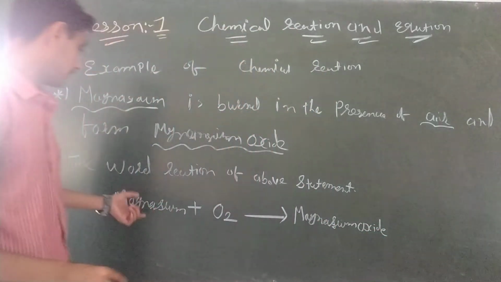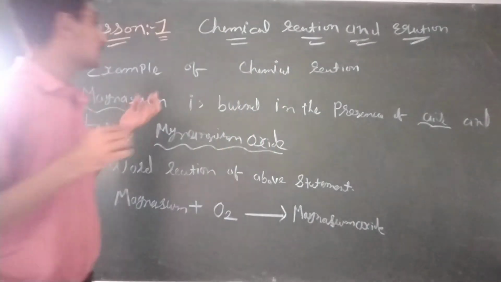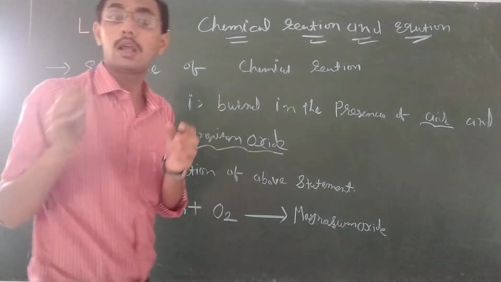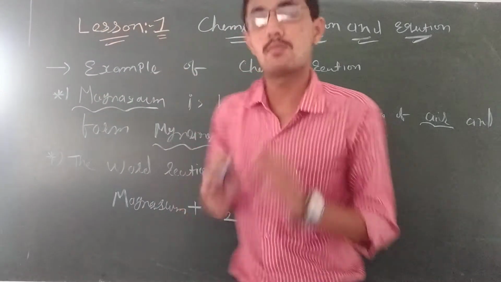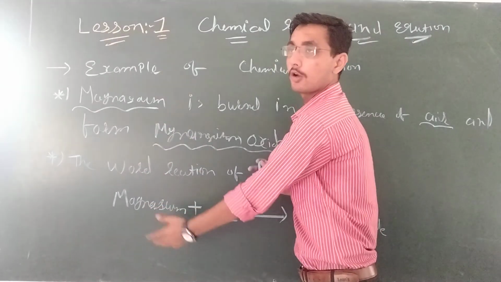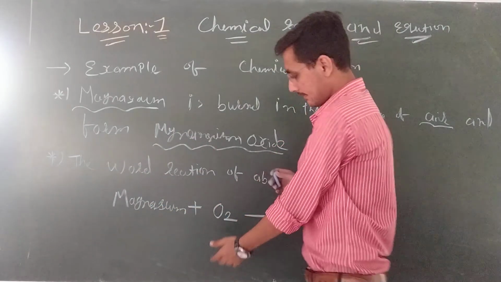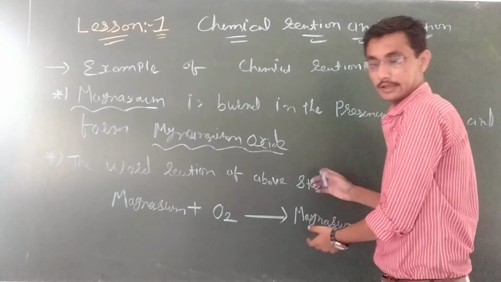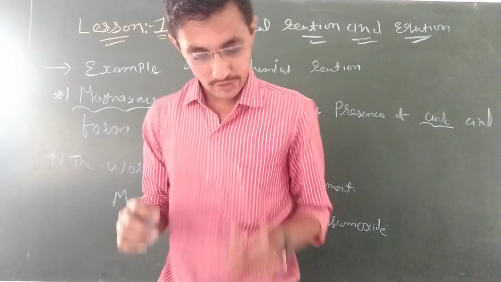This is the word equation, but in a chemical equation we have to use the symbol of an element or the chemical formula of any chemical, along with its physical state.